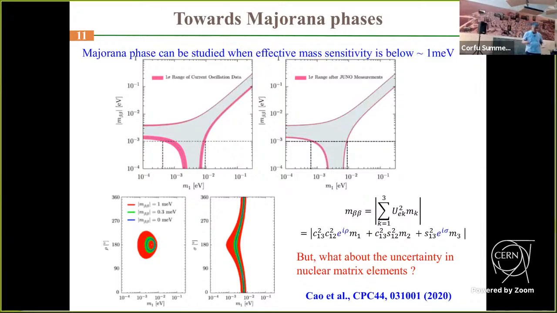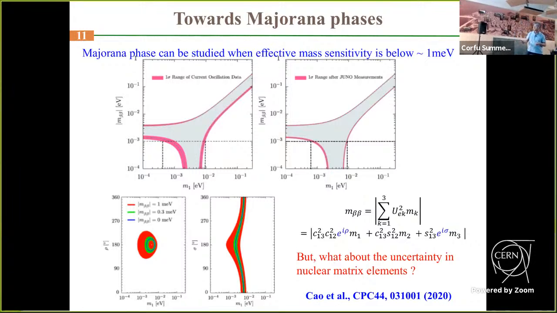This is one of Jun Kow's expectations. He just played with the numbers. He didn't even draw the inverted cases, only the normal ordering cases. If you go below about 10 milli-electron volt, about 1 milli-electron volt, a little over 2 milli-electron volt, then you can really differentiate the Majorana phases.